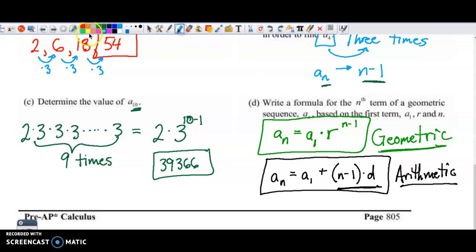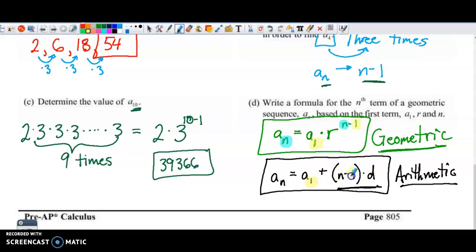So maybe I should emphasize in this problem that if you change this value, then you have to change this value. And if you change this term, if you're talking about the third term, then you have to change this number to be 3. So those things go together in the problem.